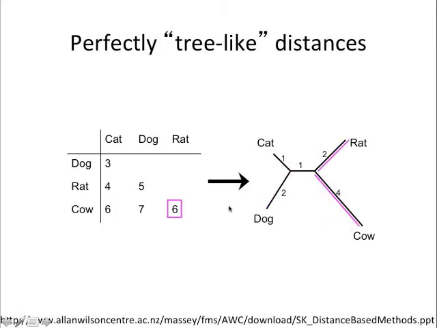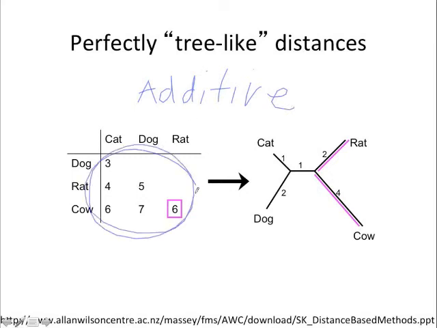So this is what's called a nice additive tree, where all these distances make perfect sense with respect to the tree. That doesn't normally happen, but it can happen, at least in artificially created examples.